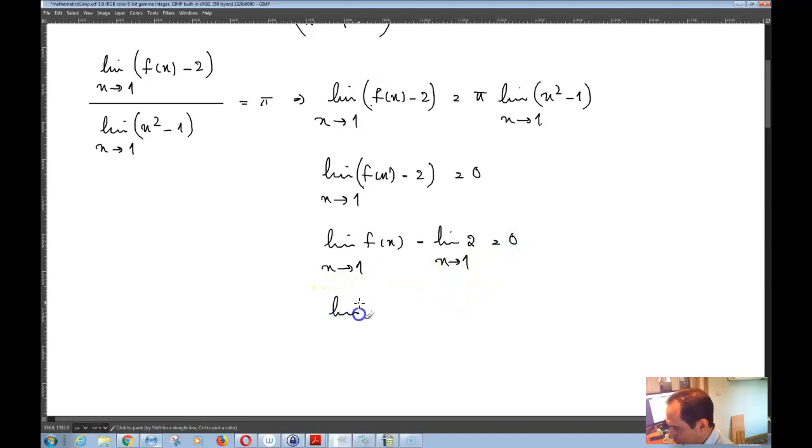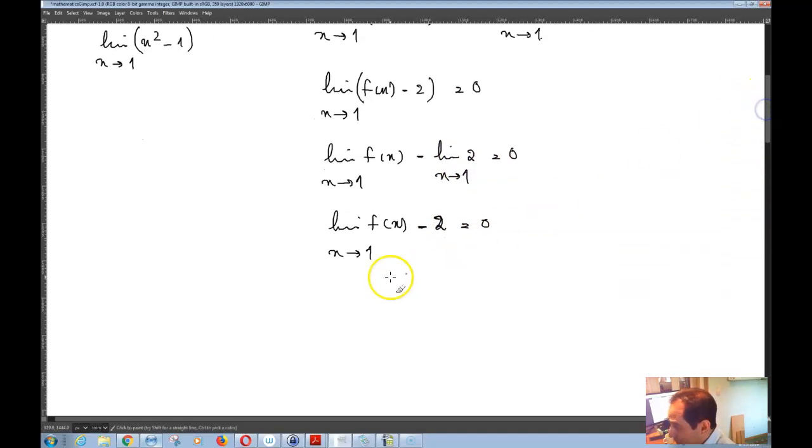And I can write this as the limit of f of x when x tends to 1 minus 2 is equal to 0. The limit of a constant function is the value of the function. So the limit of f of x when x tends to 1 is equal to positive 2. And that is what we were after.